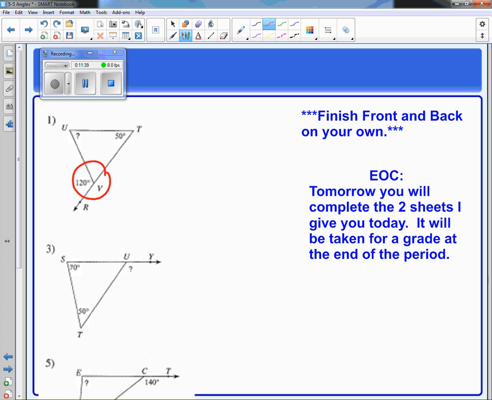You do 180 minus 120, which is 60. So if I know that this is 50 and this is 60, can I find the missing angle? It would be 70. 50 plus 60 is 110. 180 minus 110 gives me 70.